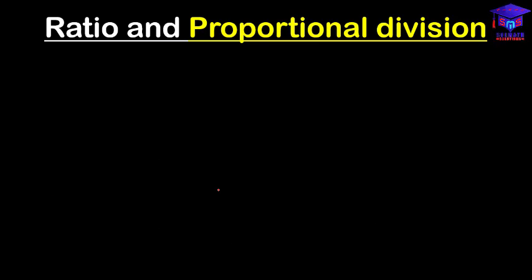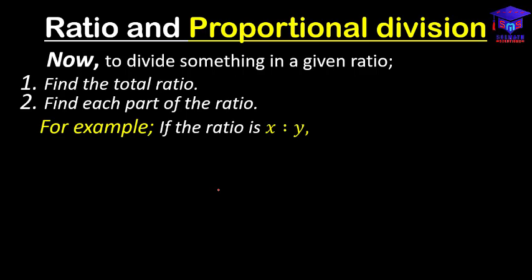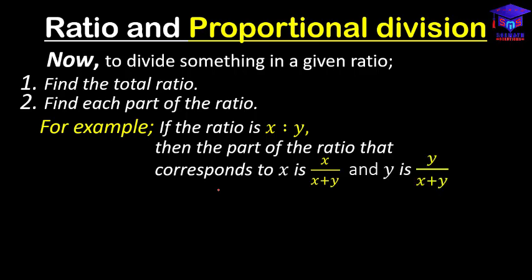So the first thing is to find the total ratio. Alright, now if you're able to find the total ratio, the next thing is to find each part of the ratio, or the fraction of each part. What do I mean by that? For example, if the ratio is x is to y, then the part of the ratio that corresponds to x is going to be x over the total ratio, and that of y will be y over the total ratio, right?